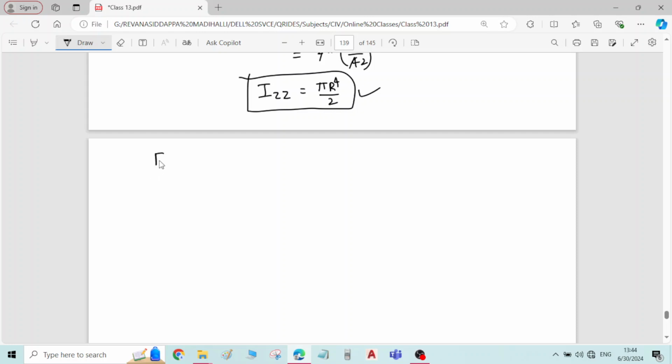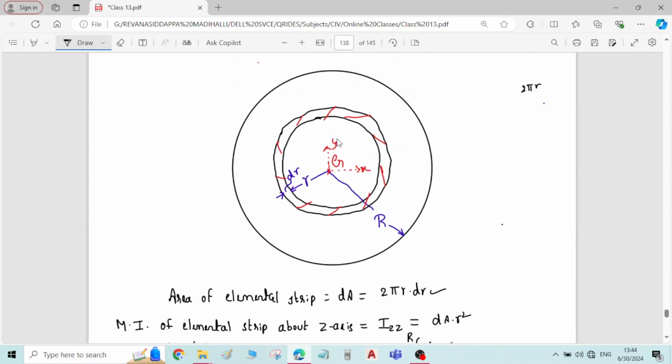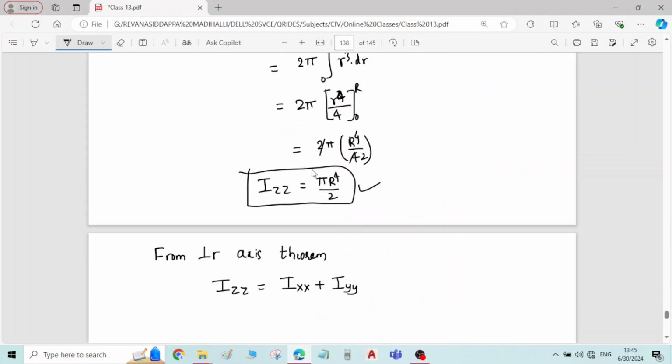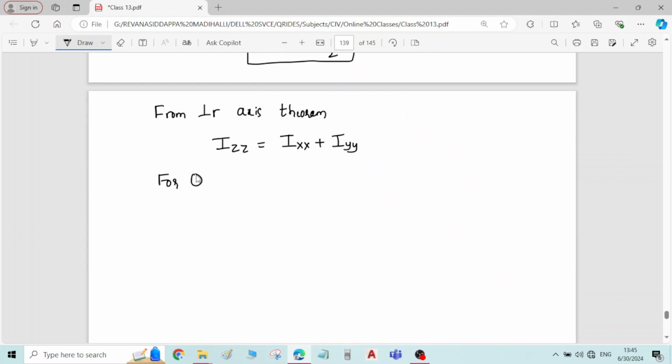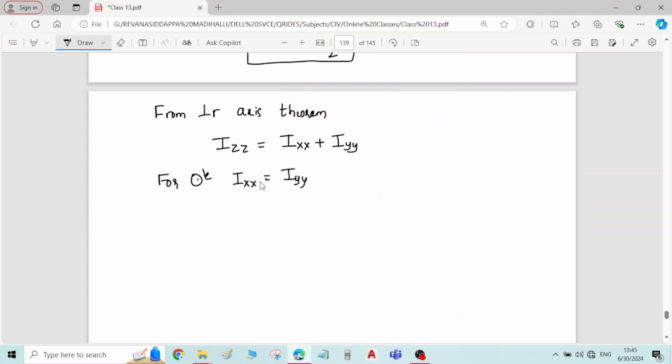From the perpendicular axis theorem, the moment of inertia about the z-axis is the sum of the moments of inertia about the x-axis and the y-axis. For a circle, the radius is the same in all directions, so the moment of inertia about the x-axis is the same as about the y-axis. Therefore Ixx is equal to Iyy.